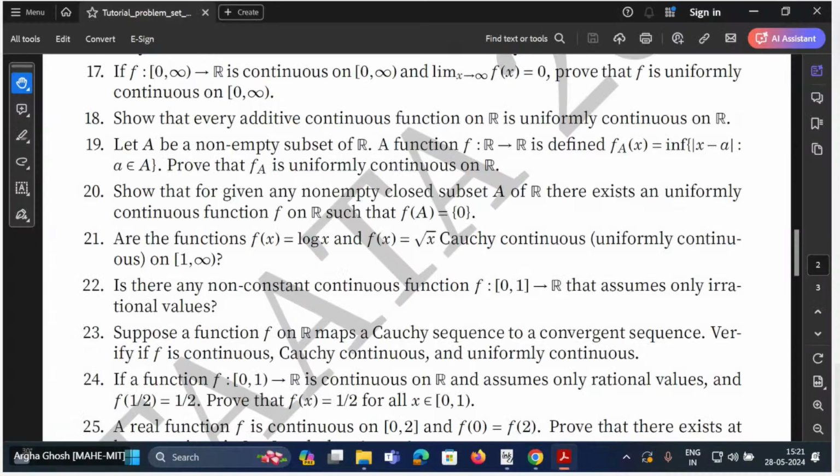Okay, question number 20. Show that for any given non-empty closed subset A of R, there exists a uniformly continuous function f on R such that f of A is equal to 0.